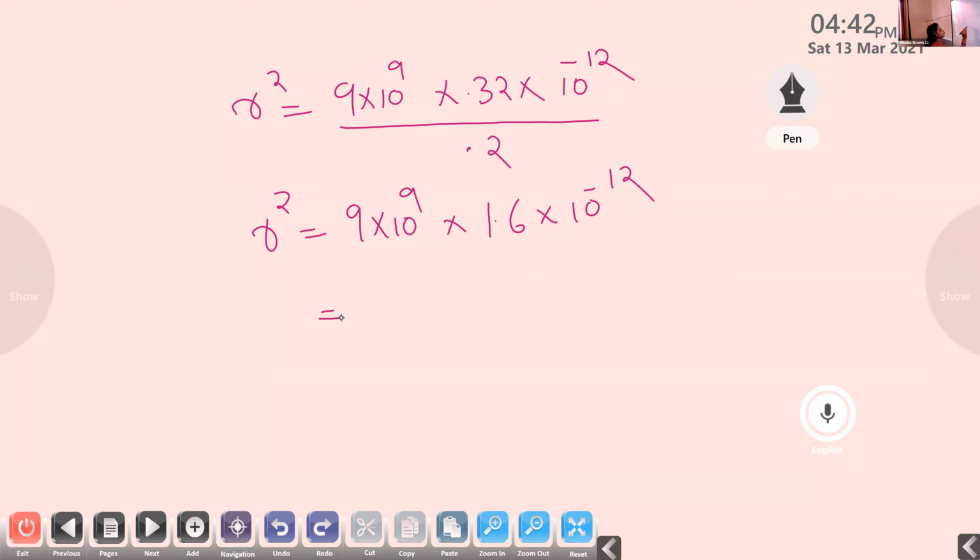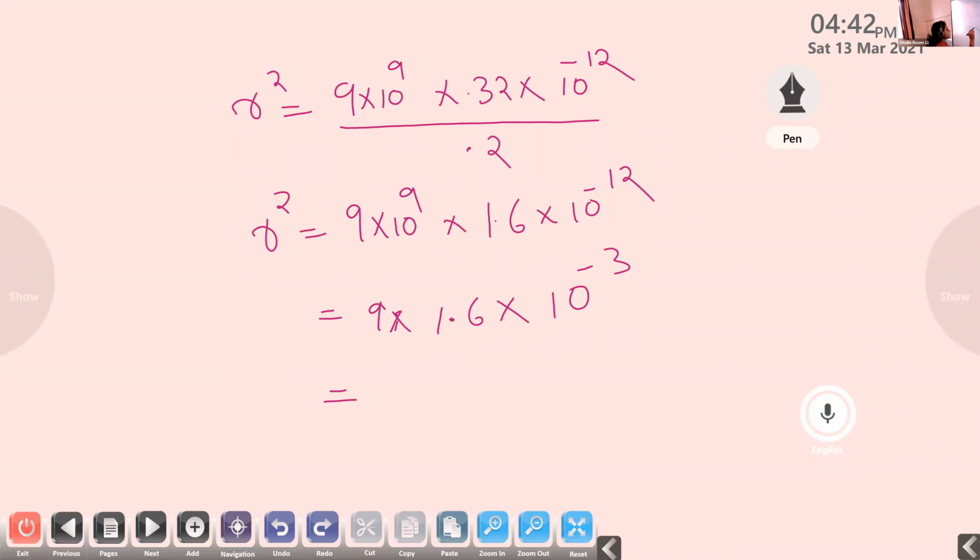Now, 9 into 1.6 into 10 raised to 9 into 10 raised to minus 12. That gives 10 raised to negative 3.